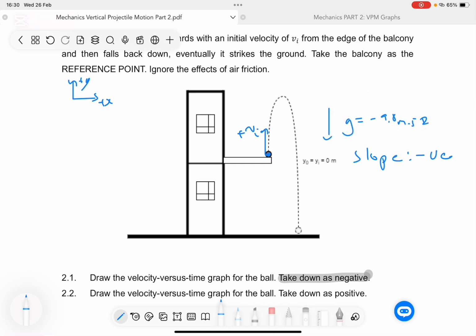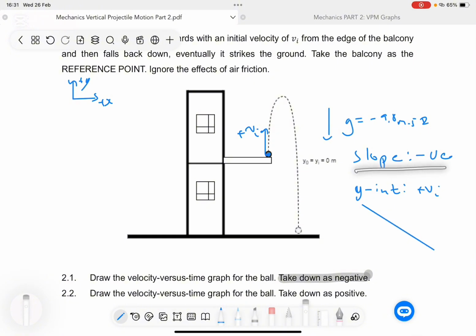And this also means that our y-intercept will actually be a positive vi. Based on this information, we can see that our graph should go downhill like that.